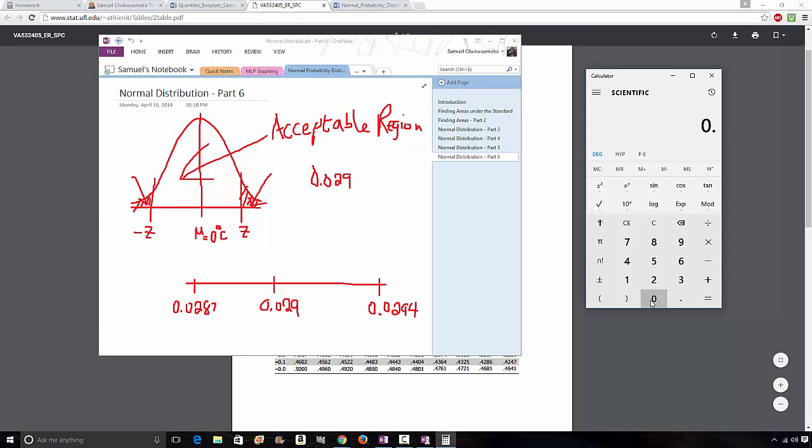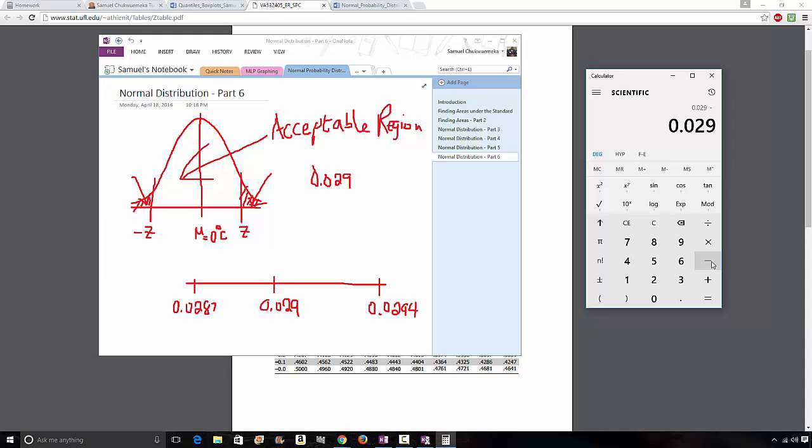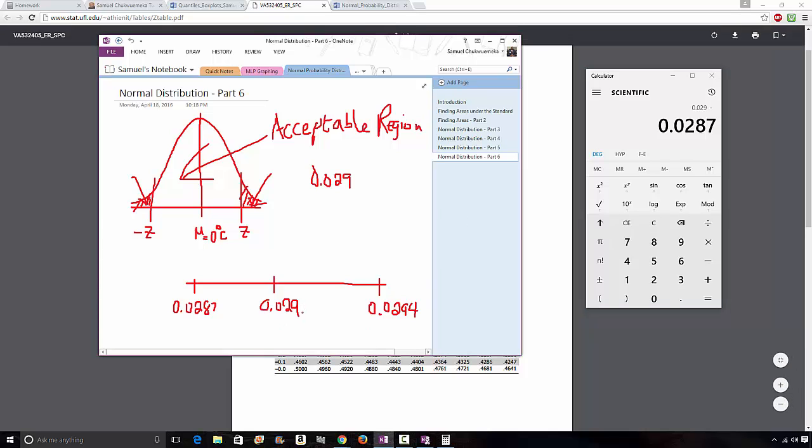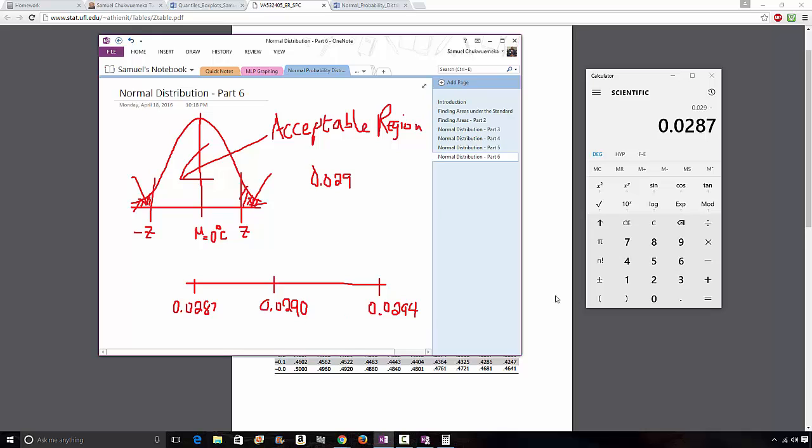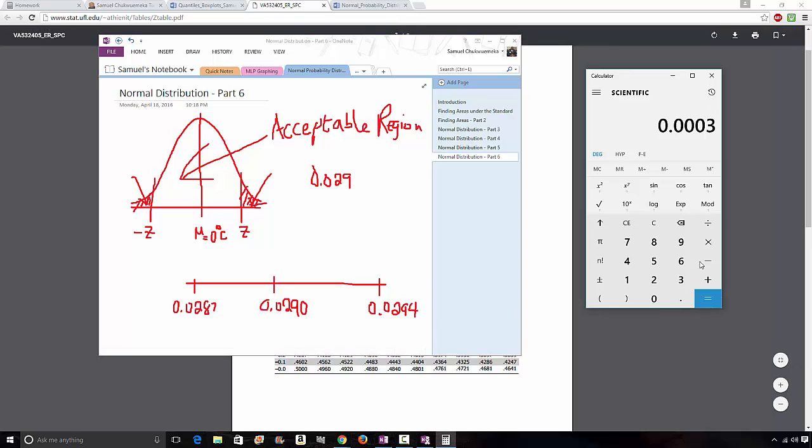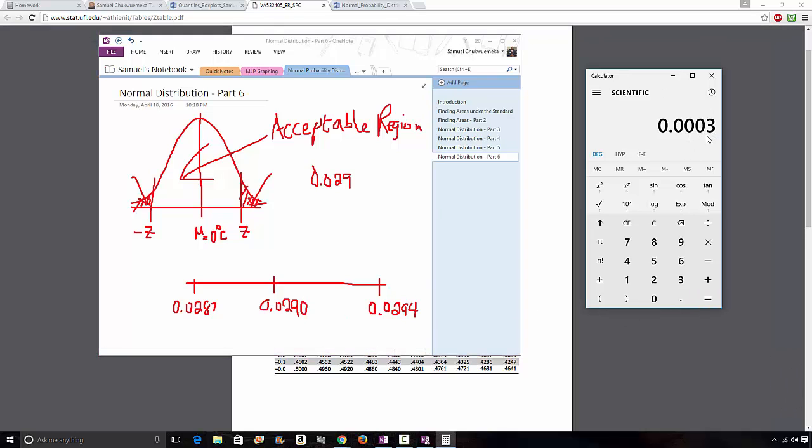Okay, so let's find the square of the distances. So 0.029 minus 0.0287, this is 290, of course, you know that, right? So this gives us 0.0003. Let me change this memory and put in a new memory.